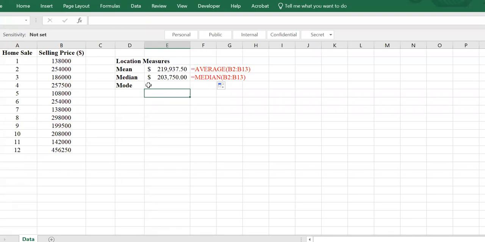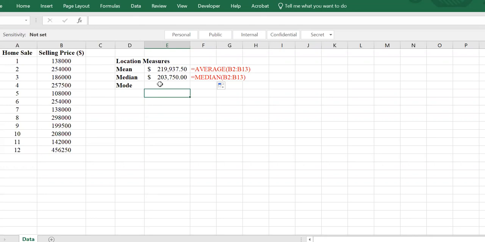Sometimes there are multiple values that appear multiple times equally. In those cases, you will have multiple modes.